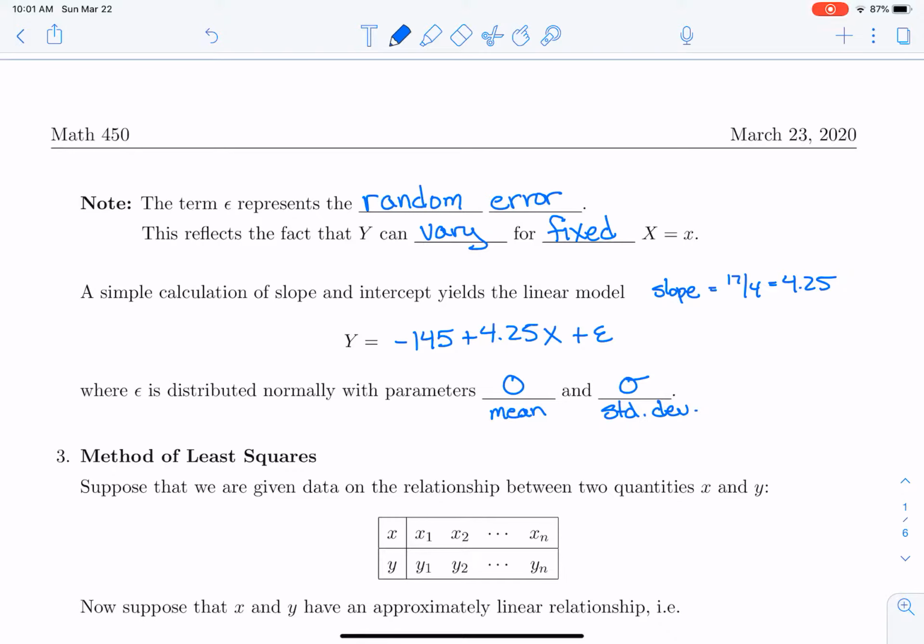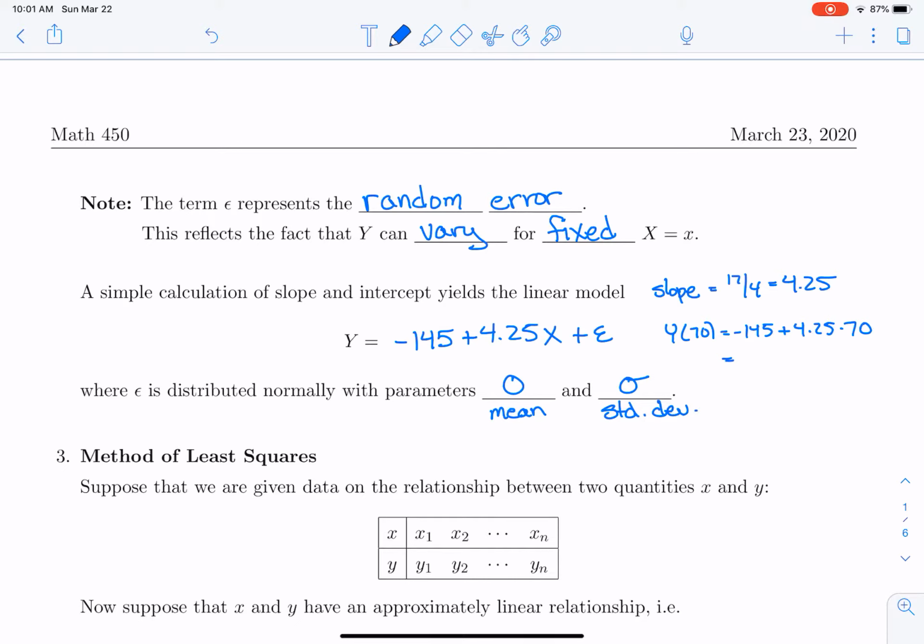Once we have this model, we can predict the weights of people who are a certain height, for example. So let's say we wanted to predict the weight of someone who is 70 inches tall. We could say that y of 70 would be minus 145 plus 4.25 times 70.